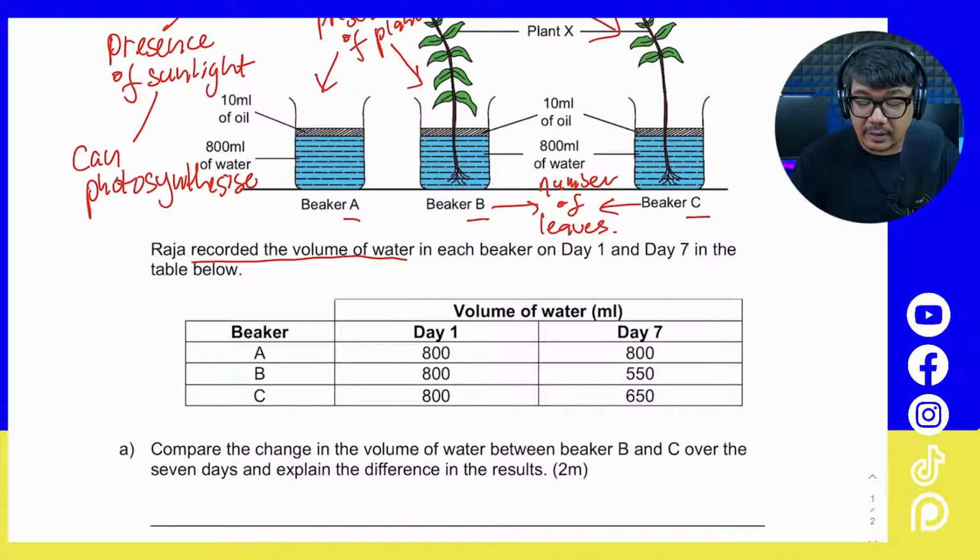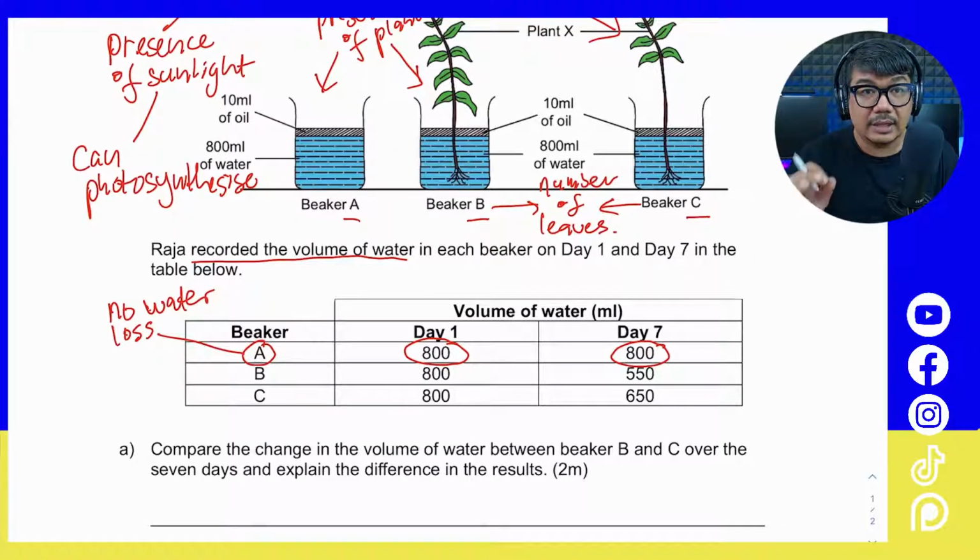Beaker A, on day 1 it's 800 milliliters of water, but on day 7 it is still 800 milliliters of water. This means for beaker A, there is no water loss. The amount of water actually remained the same.